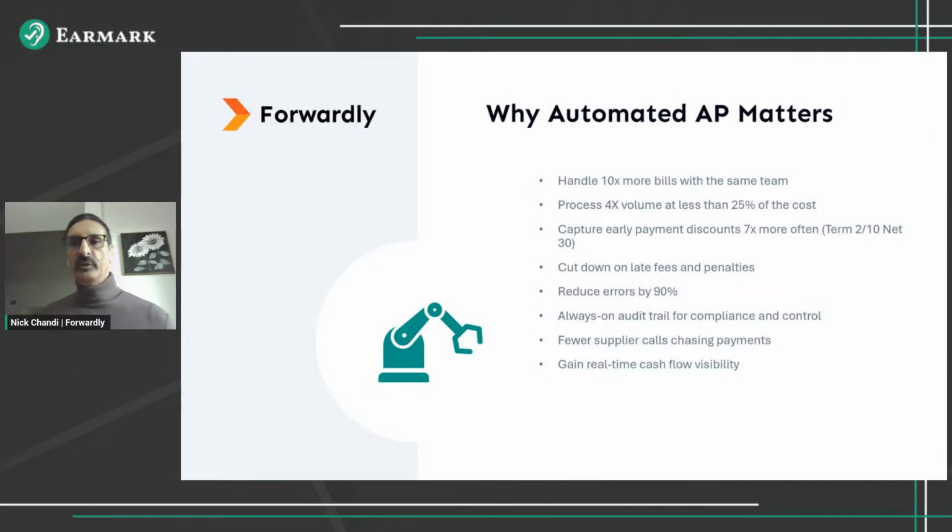Most platforms provide an audit trail, so if something goes wrong, you can go back and look at who made that decision. And for sure, there will be fewer angry calls from suppliers chasing those payments, because most accounts payable platforms can share some AP data with the suppliers. They get portal access or access to the platform.